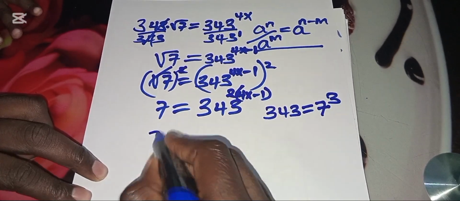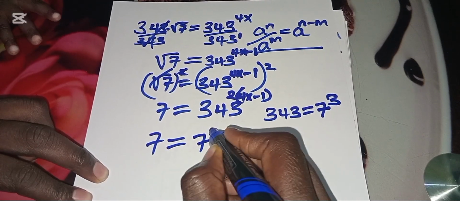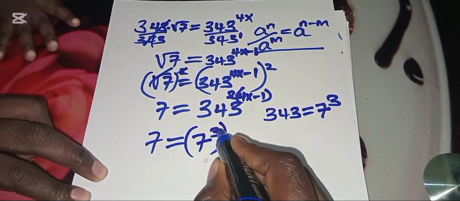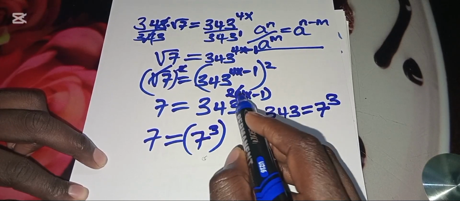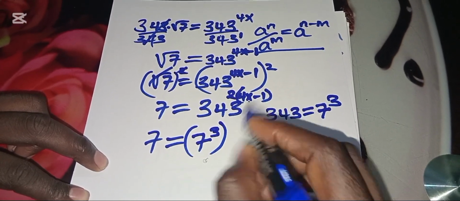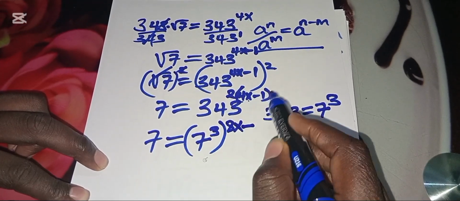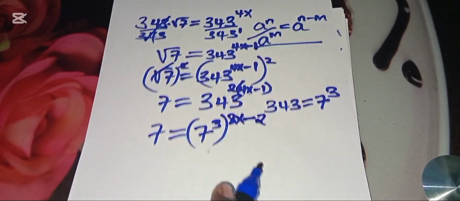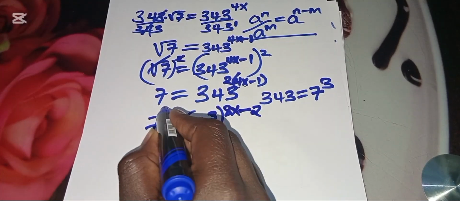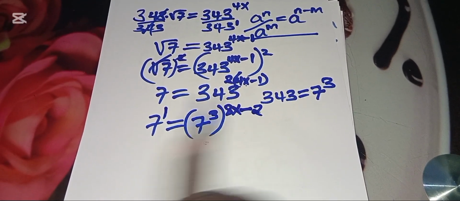So you're going to have 7 is equal to 7 raised to power 3, and this is 343 raised to power, this is 4x times 2, which is 8x, subtract 2 times negative 1, which is negative 2. Now as you can see, this is 7 raised to power 1 is equal to 7 raised to power 3 multiplying by 8x minus 2.